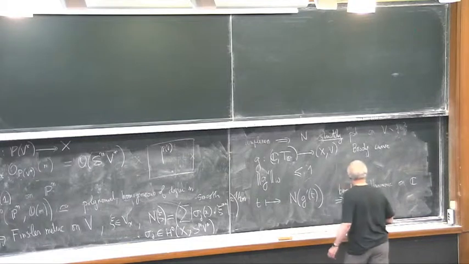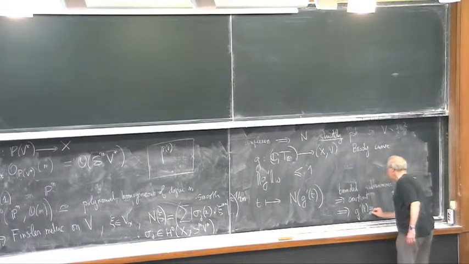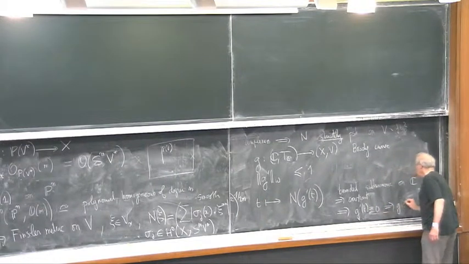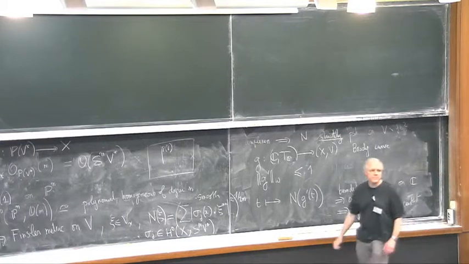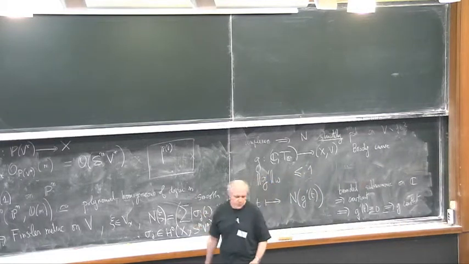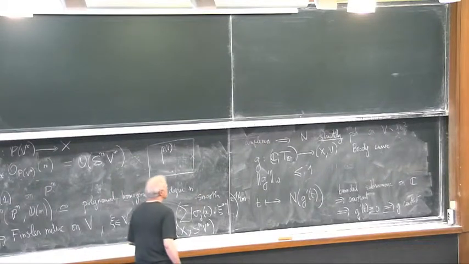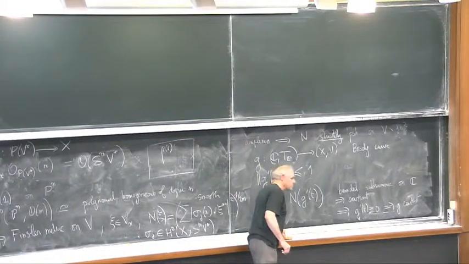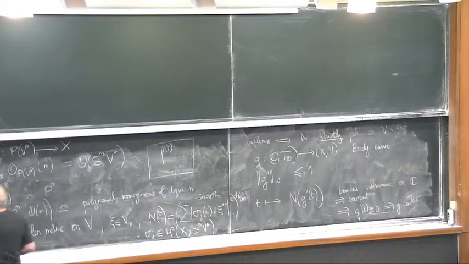So this implies, in fact, that g prime of t is identically 0, and therefore g is constant, and therefore there cannot exist any Brody curve. So this is a proof. It's not very satisfactory in the sense that it's not an explicit bound, and also it requires a strong assumption.